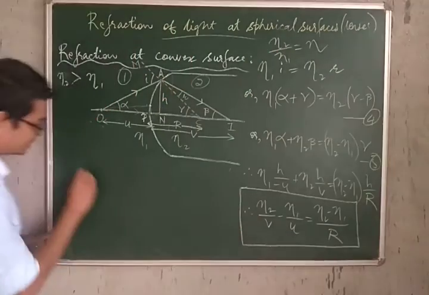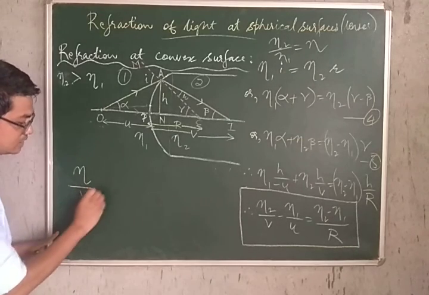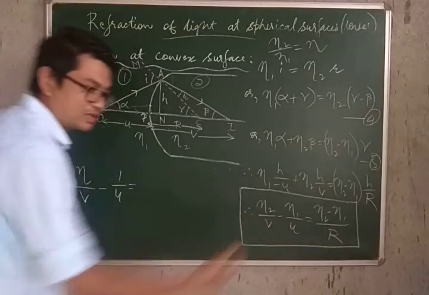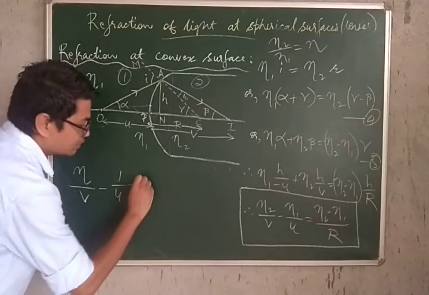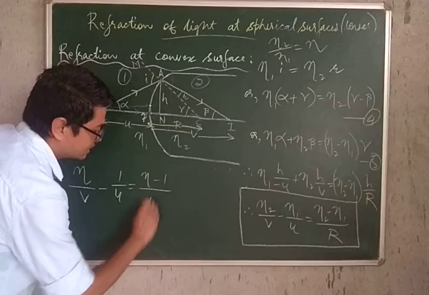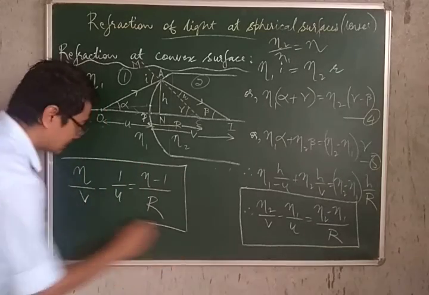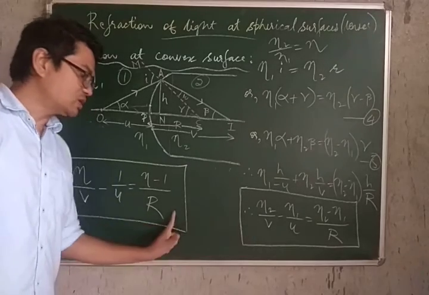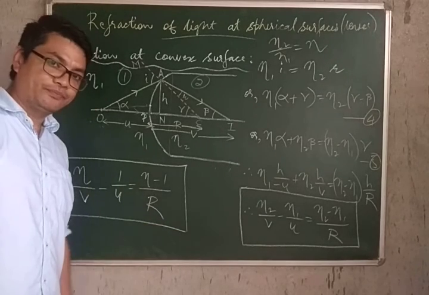So here we can write eta by v minus 1 by u, because eta 1 divided by eta 1 is 1, is equal to eta minus 1 divided by r. So this is another form of the same relation. These two relations are one and the same.